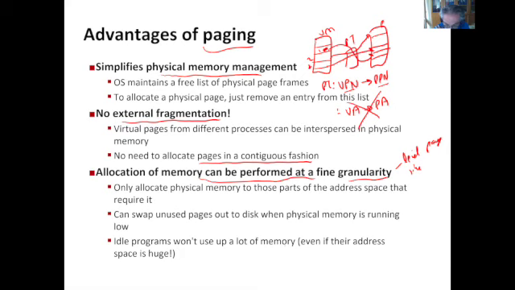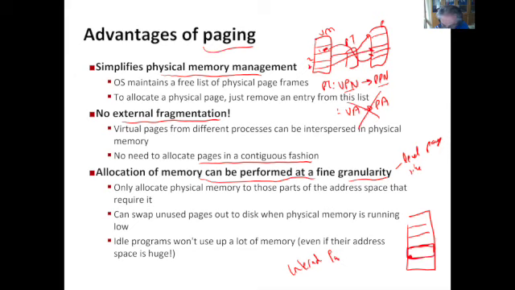But there is internal fragmentation. It happens because all the allocation is done in terms of pages, so even if you're using only 1 byte in a page, you are allocated a whole page.